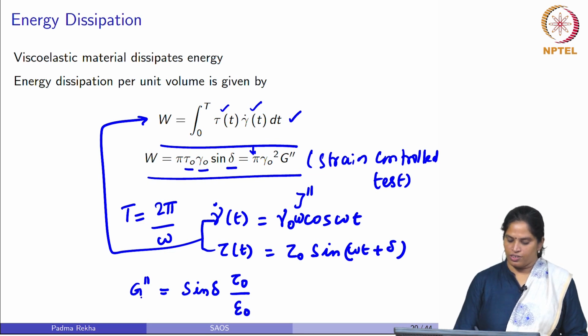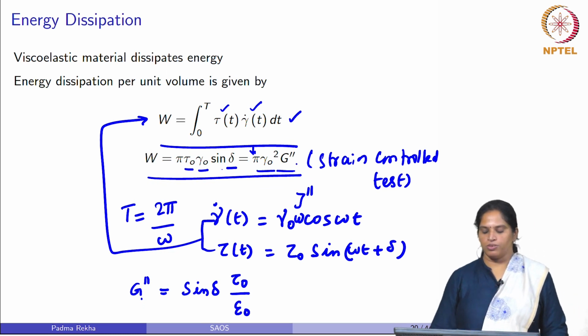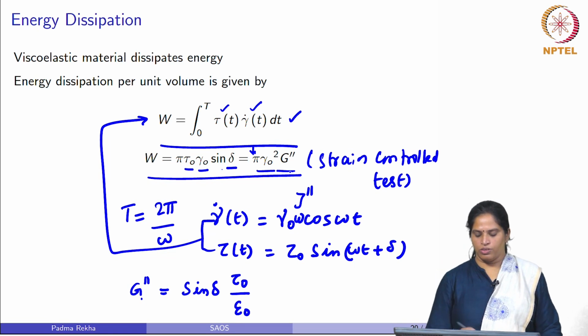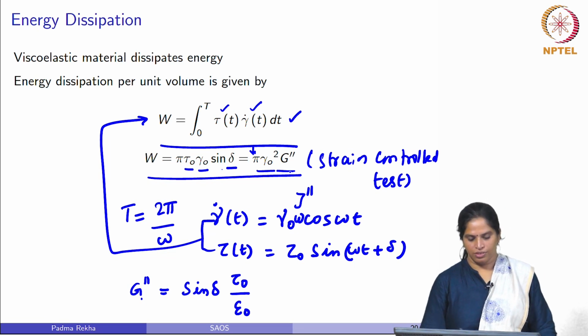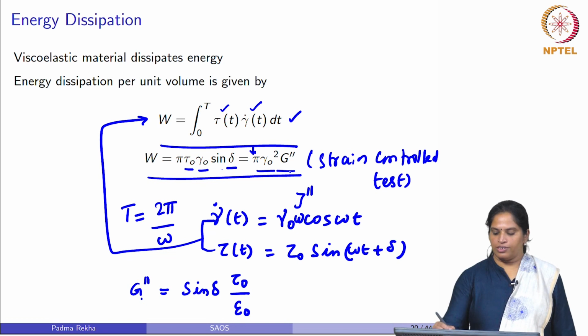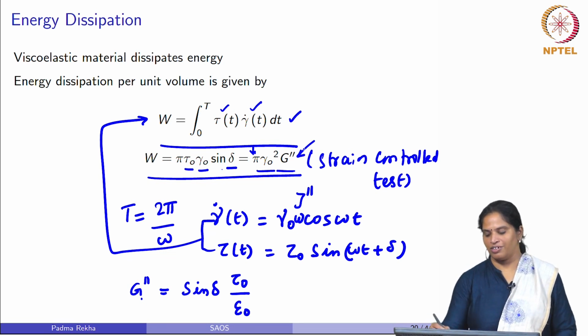So, using this relation, if you replace the sin delta value, you will get the energy dissipation in terms of the loss modulus. This energy dissipation equation is used in bitumen testing in performance grading of binder.